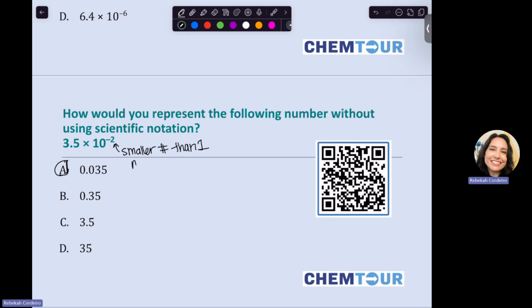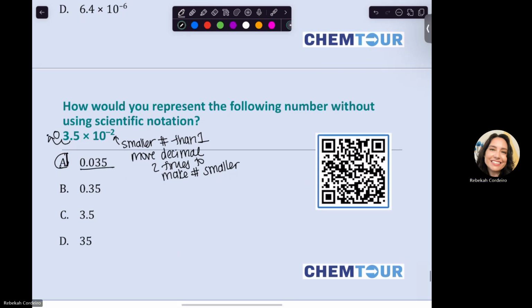We need to move our decimal 2 times to make the number smaller. If I'm moving my decimal to the right, 3.5 turns into 35, and 350, that makes it bigger. So we've got to move our decimal to the left 2 times, which means we're going to have a 0 here behind our decimal. So that gives us 0.035.